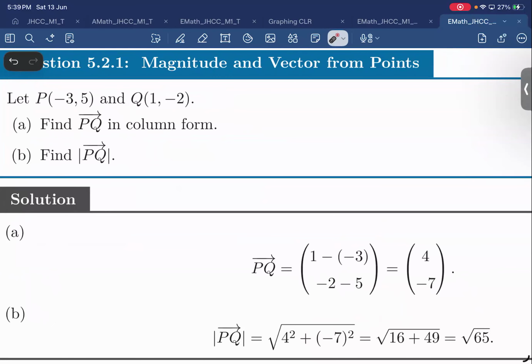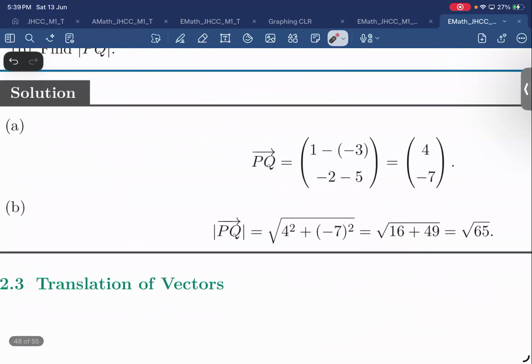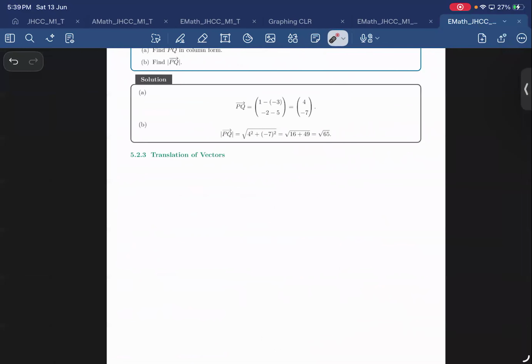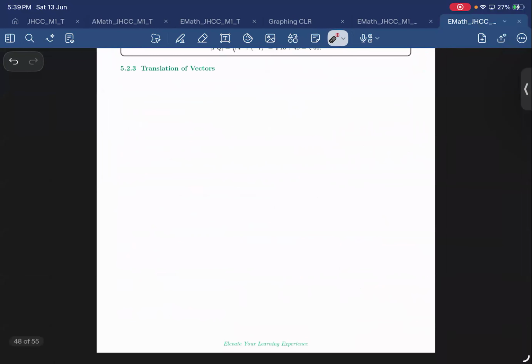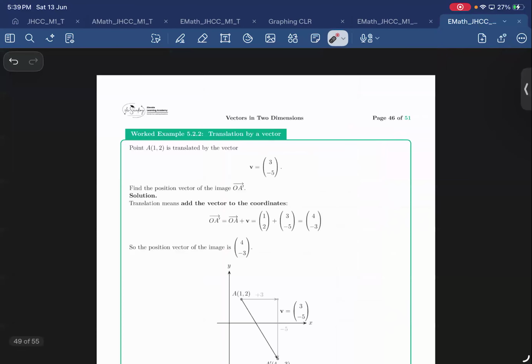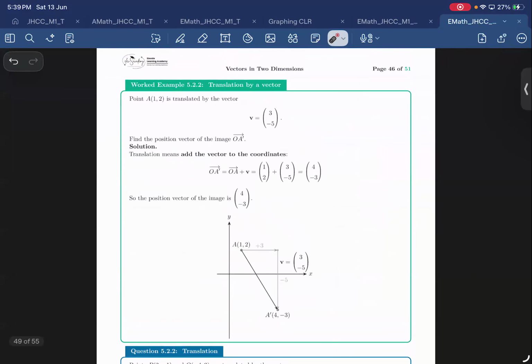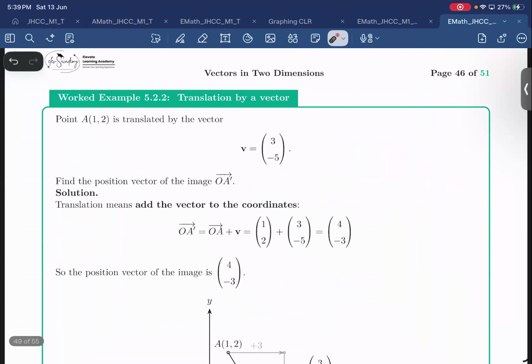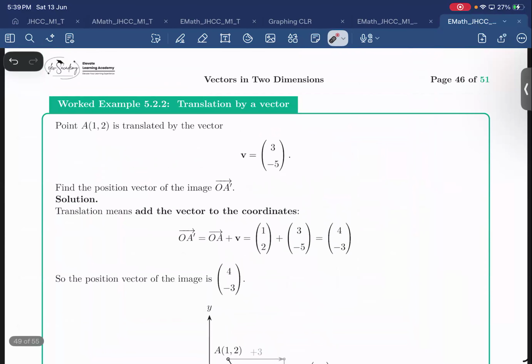Then next we talk about translation of vectors. If I give you a point (1, 2) and I say it's translated by a vector, you can imagine this particular point (1, 2) being translated by the vector. The x part here is 3.